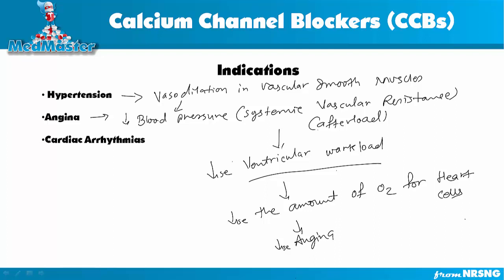Also, since this medication blocks the calcium channels in our body, especially the heart, it is helpful in preventing cardiac arrhythmia as well. So these are the main three indications we use this medication for: hypertension, angina, and cardiac arrhythmia.